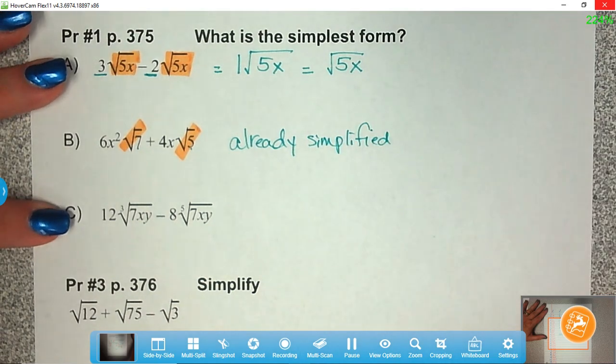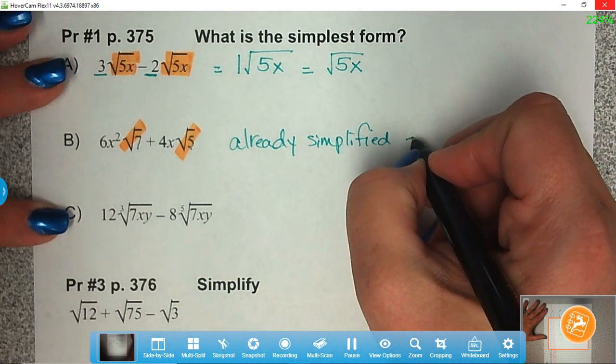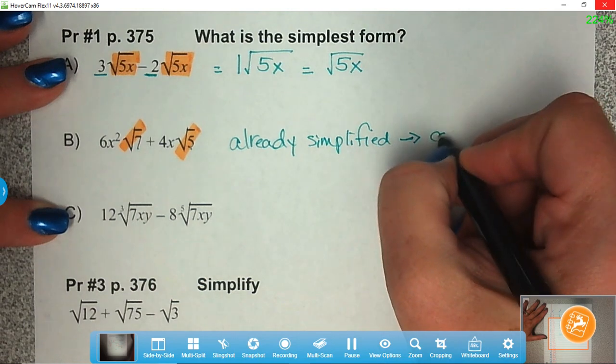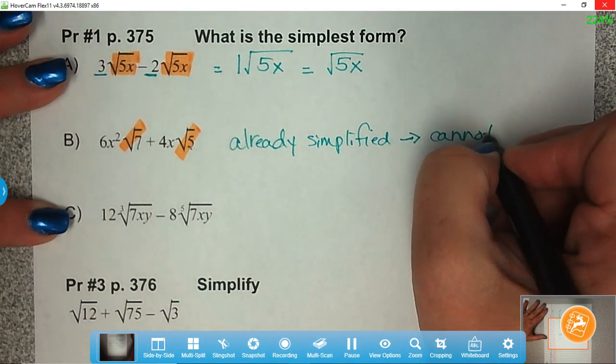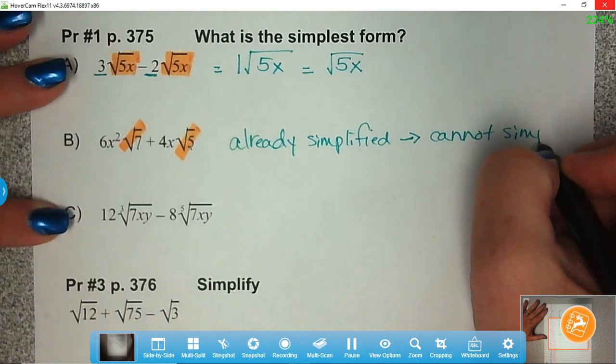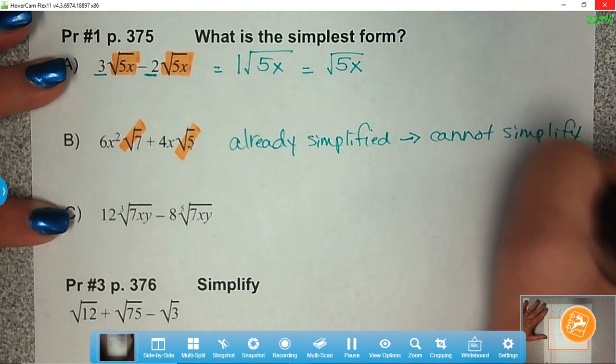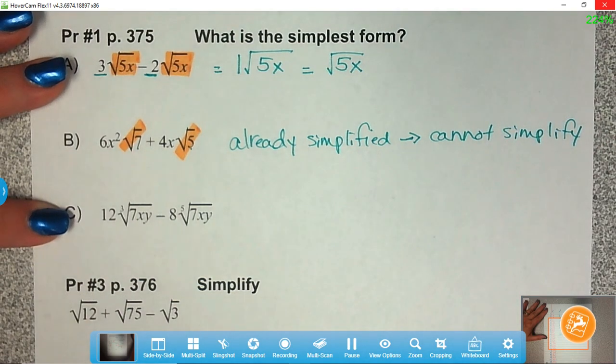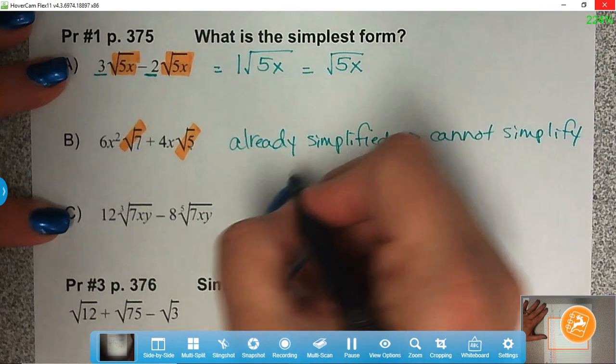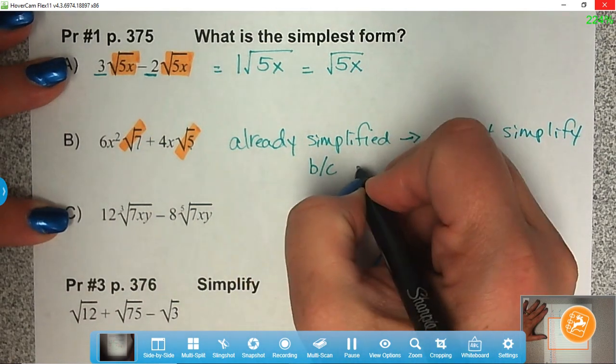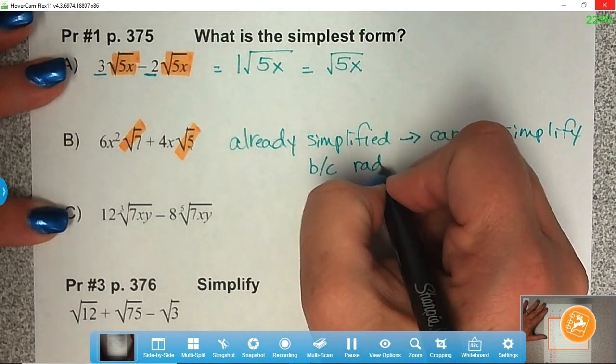Okay, so you can write already simplified or cannot simplify. And if asked to explain, your reason would be because the radicands are different.